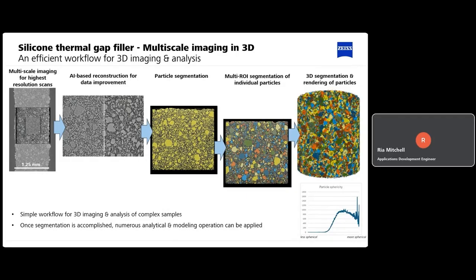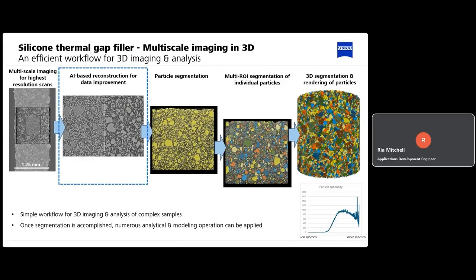We can create things like multi-ROIs, or multi-regions of interest, to segment individual particles, instance segmentation if you like, of what Andy talked about before. Then we can reconstruct that in 3D and perform full 3D particle analysis. The chart I've shown here is an example for this gap filler of those particles and how we can measure things like sphericity of the different particles through the entire volume.